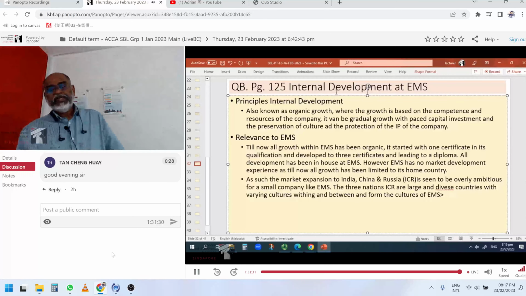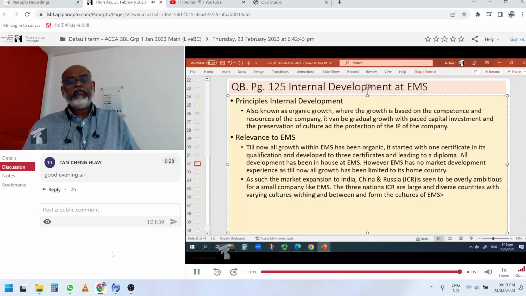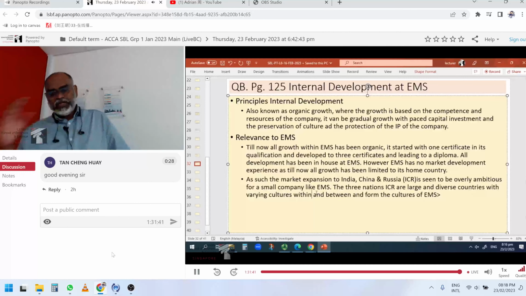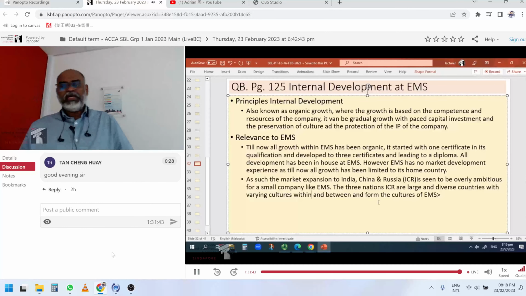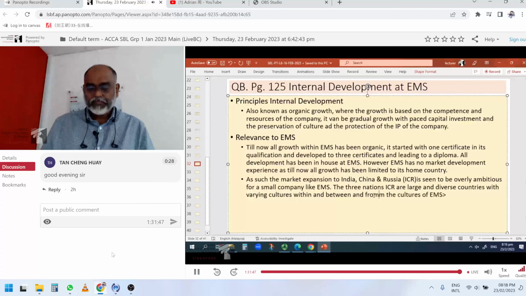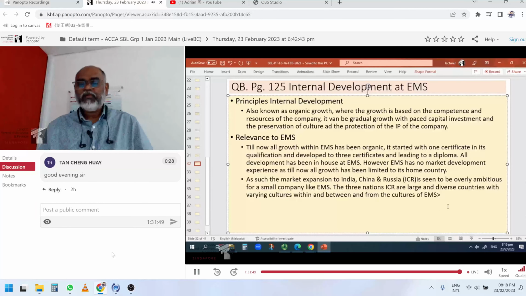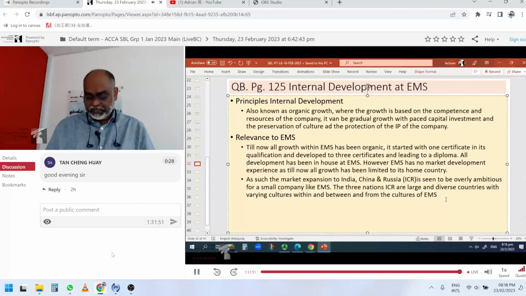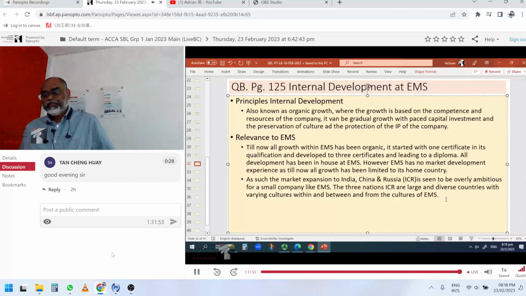So what do we mean by within? That means within the country itself the culture varies from one place to another place. The culture also varies between them, and also from the culture of EMS. Okay.